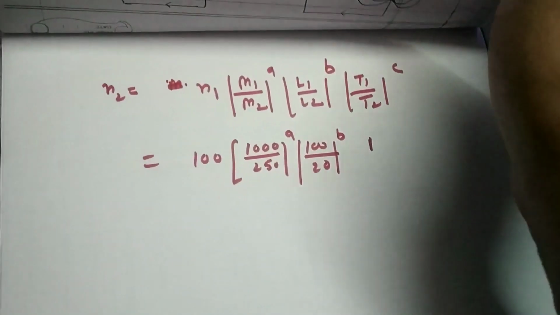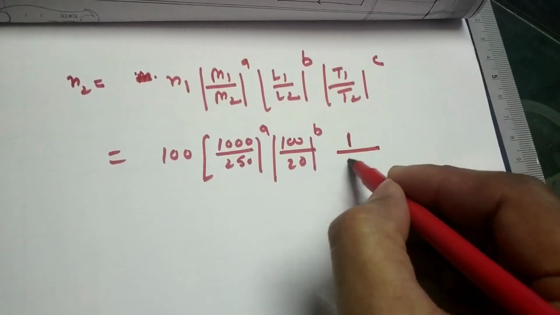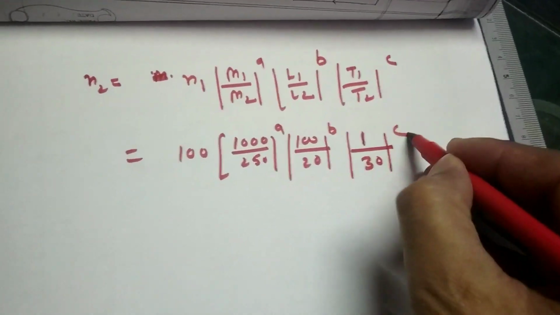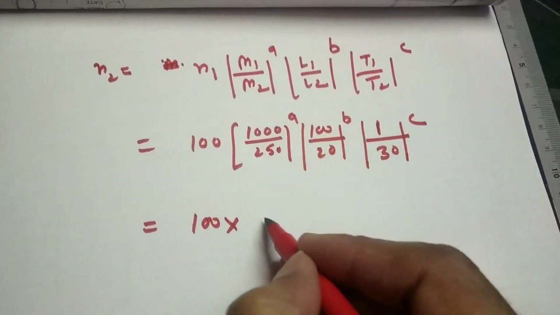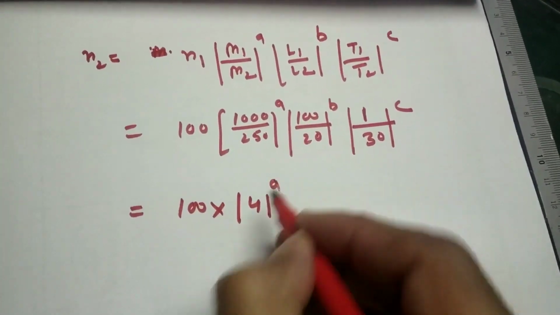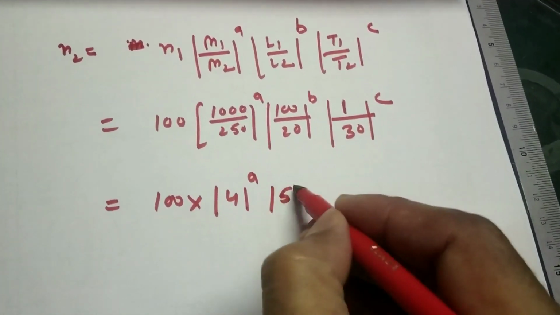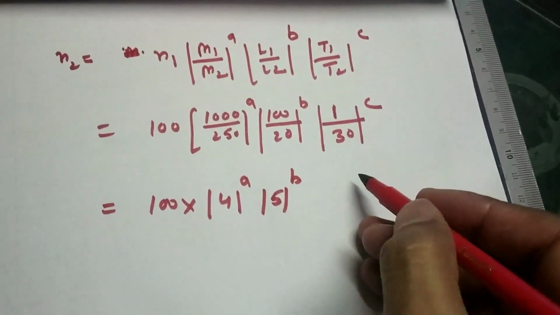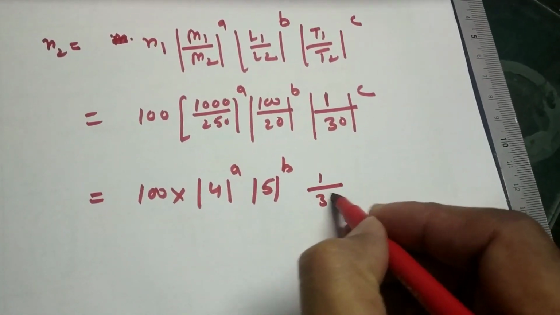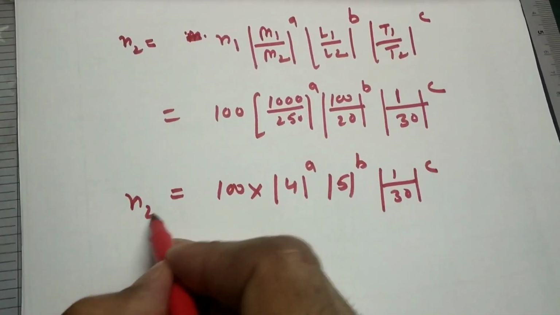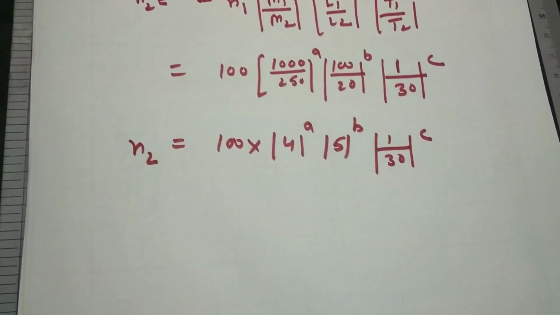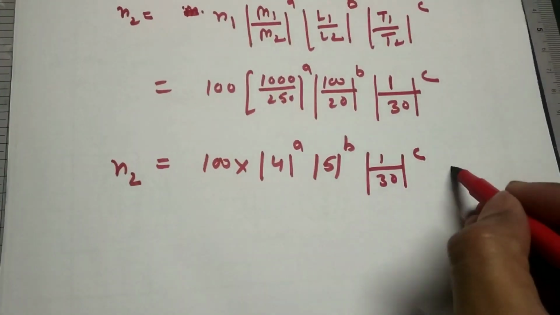And time in MKS is 1 second, and T2 is 30 seconds. Then 100 into 4 to the power a, 5 to the power b, and 1 by 30 to the power c. This is n2. Clear? New unit.